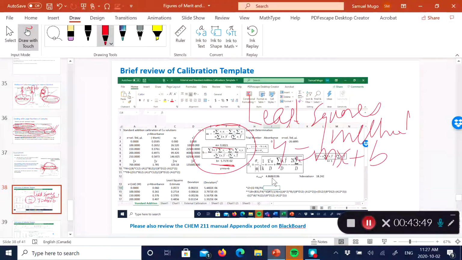It's also going to generate for you the standard deviation of the x, which is this. Okay. So when you do y equals mx plus b, and you calculate what x is, it's going to give you the standard deviation of your x, which is what you're looking for to calculate the unknown.